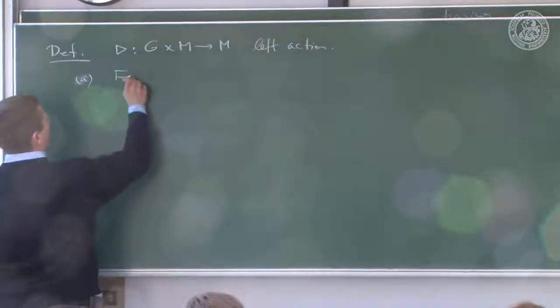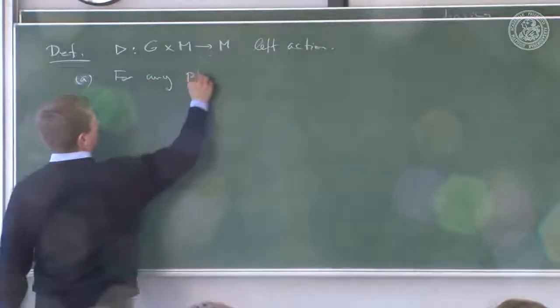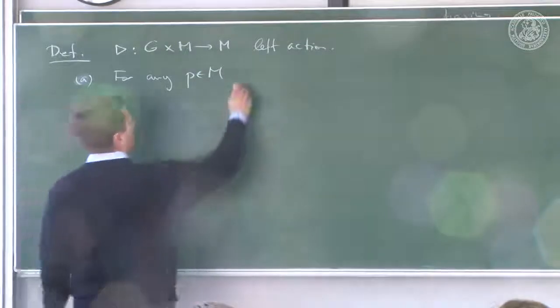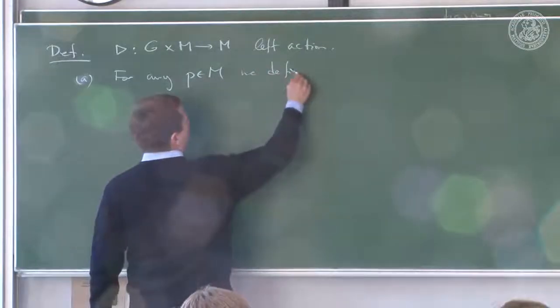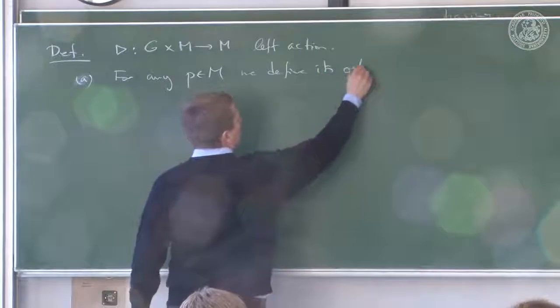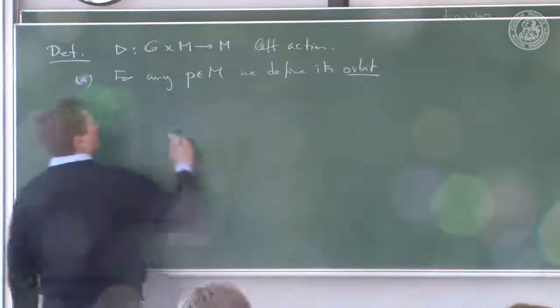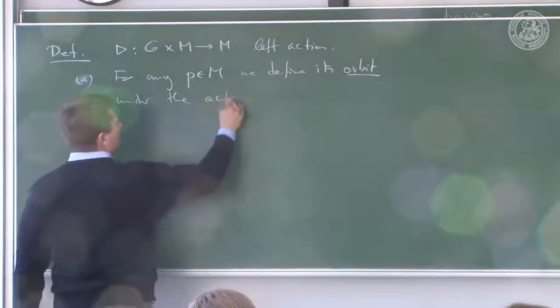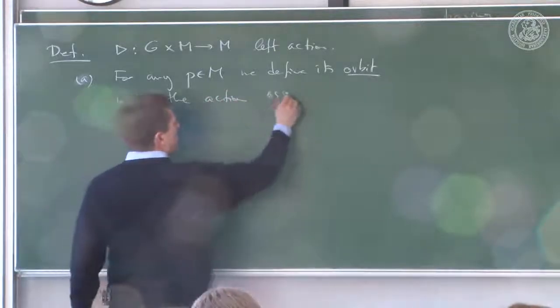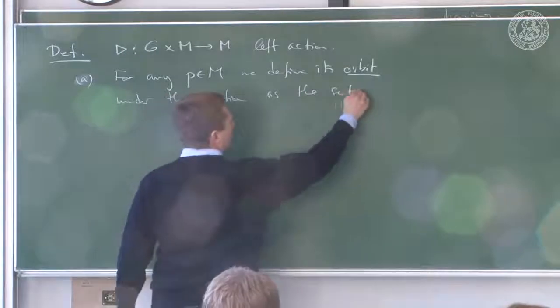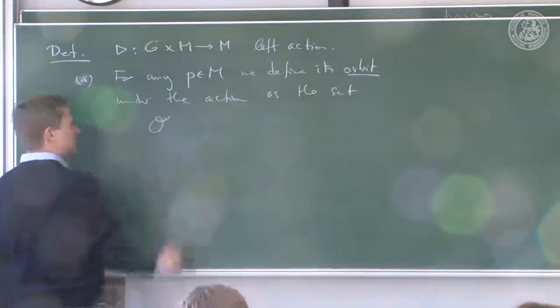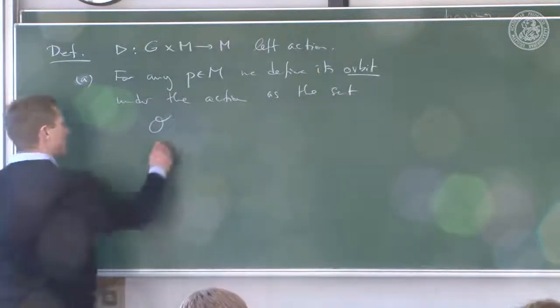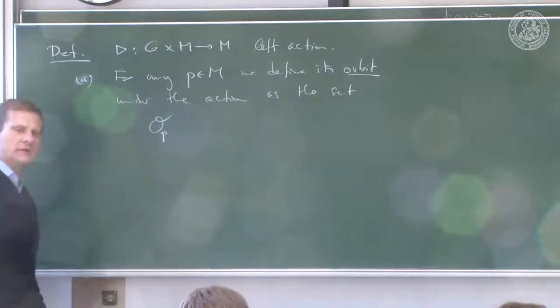So for any point P in the manifold, we define its orbit under the action as the set. So the orbit, well, let's choose a curly O. It's not a topology, it's an orbit. It's the orbit of the point P.